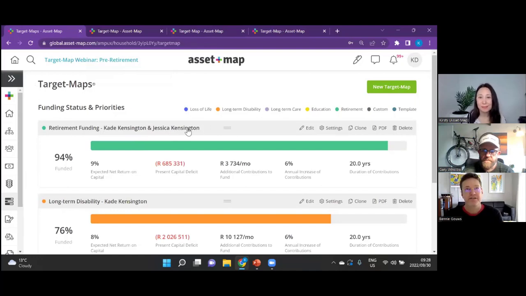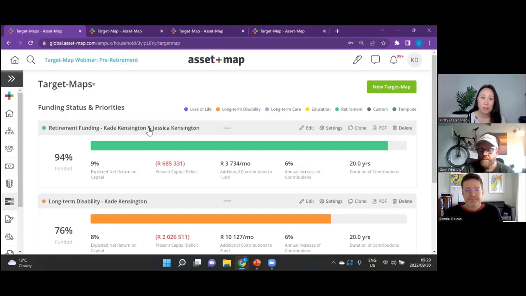What I really appreciate about Asset Map is that it reminds us, hold on a sec, there's actually a whole separate conversation around what percentage you take from the living annuity, what percentage you take from the investments, and what the implications are. In other words, Asset Map encourages us to split that out. And so maybe Kirsty, we don't probably have time to go into the very detail of tax, but maybe just your thoughts on splitting out the conversation around tax, as opposed to just having it as a black box number that gets generated by the system.